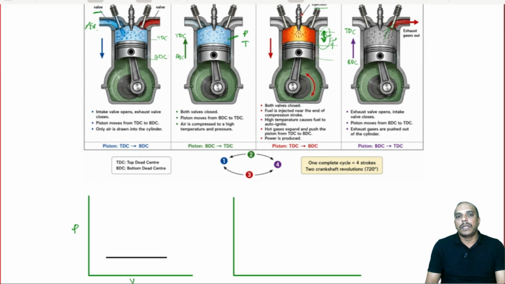In reality there will be a pressure drop, and it is recovered by the air which is coming in, but we cannot model that. So, we are assuming that it is going to be a constant pressure process. Anyhow, we will call this 0 to 1, alright.